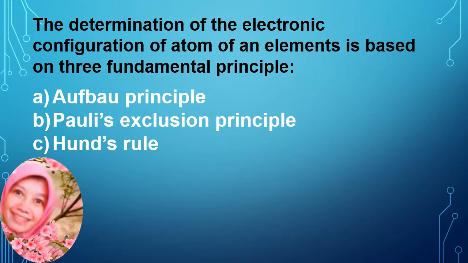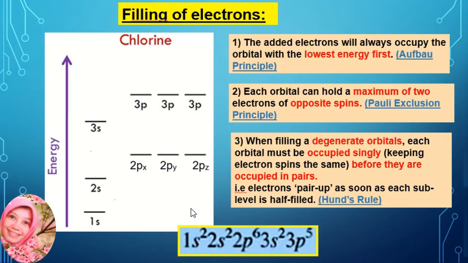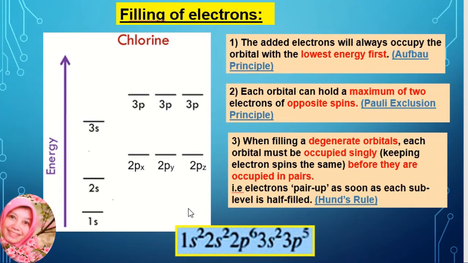The Aufbau principle, Pauli's exclusion principle, and Hund's rule are used to determine the electronic configuration of atoms of elements. Here, we have chlorine atom with 17 electrons. Applying the Aufbau and Pauli exclusion principle, the 1s orbital is filled first, since it is the lowest energy orbital. We must draw the 2 electrons in opposite spin, like this.